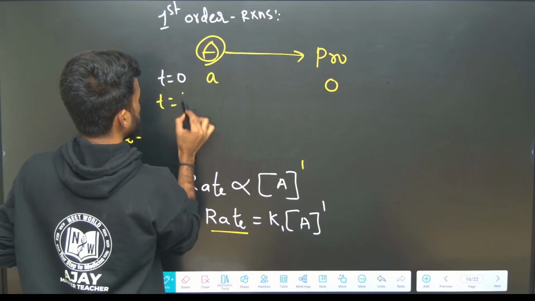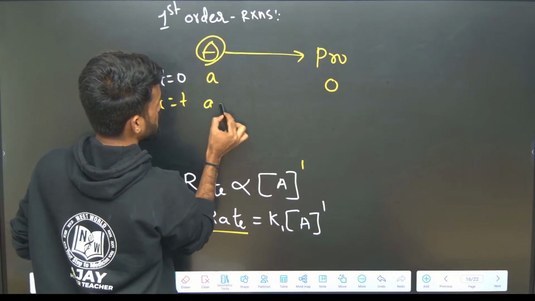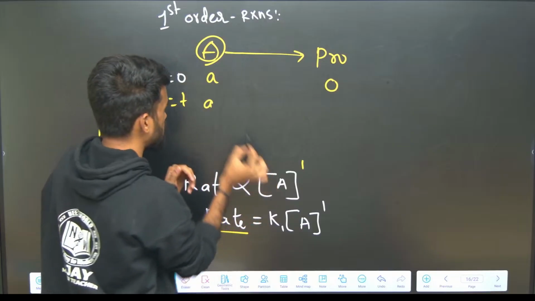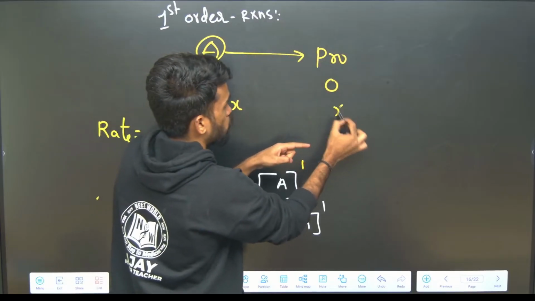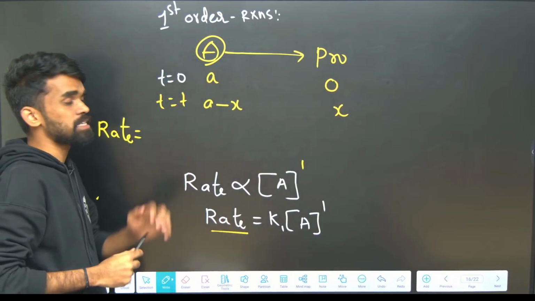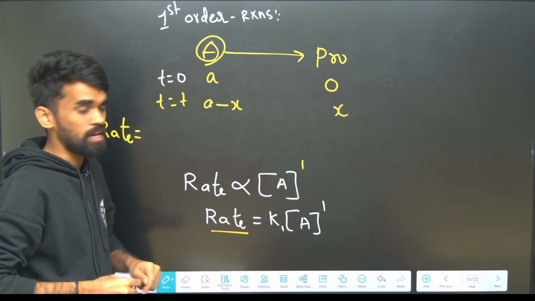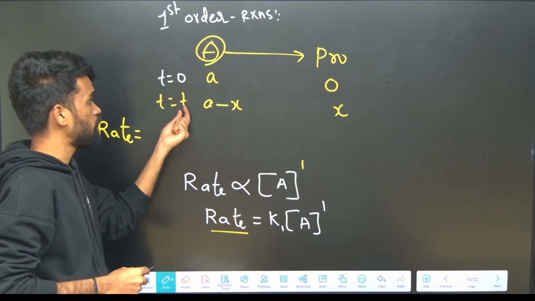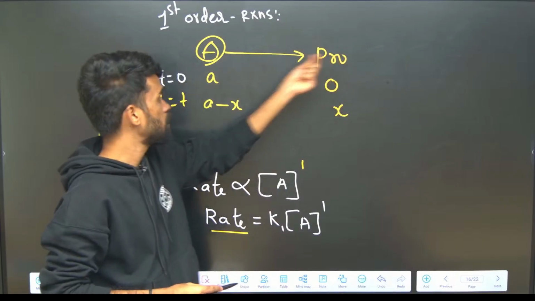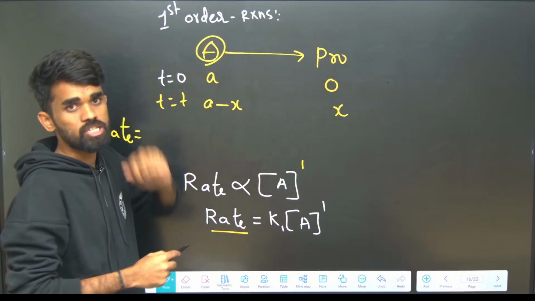After some time t, concentration of A decreases by some quantity, let us say the decreased quantity is x, so that amount x is converted into product. A minus x is the amount of A remaining after time t. After time t, x is the amount of product formed, and A minus x is the remaining concentration of A.